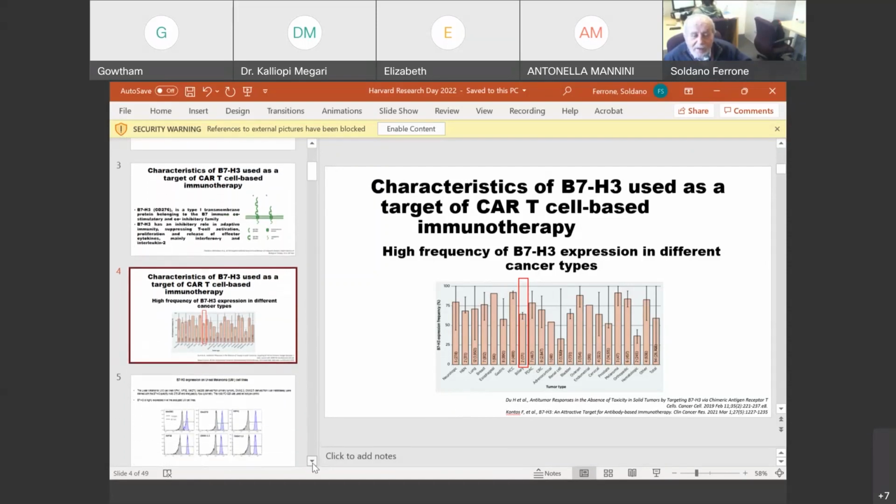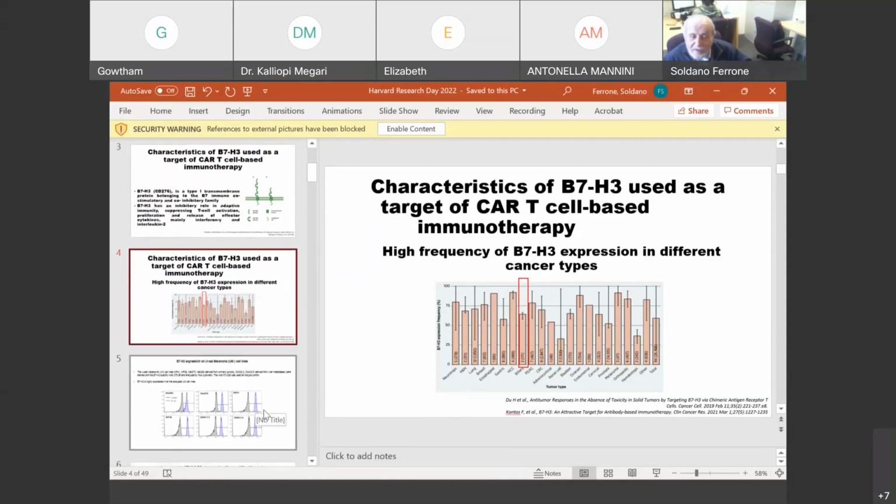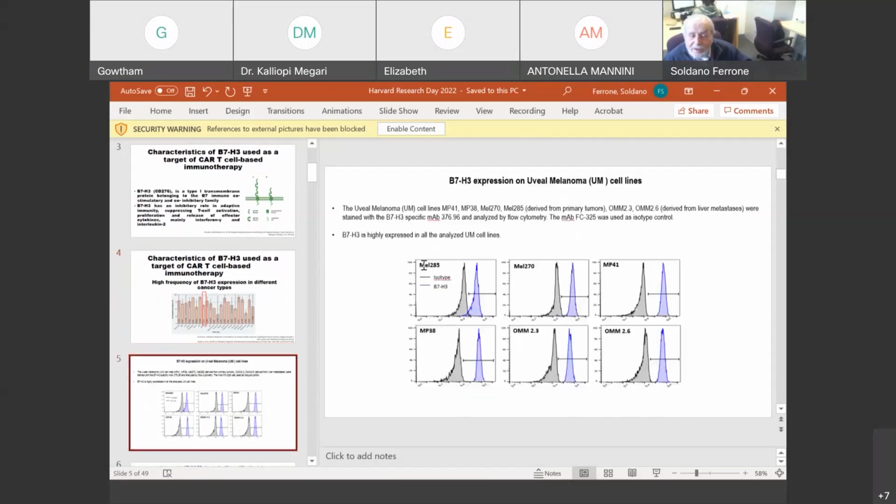Now, I suspect that the antigen is expressed practically in all types of tumors. And as an example to support my statement, I'll show now that uveal melanoma, which had not been tested before for expression of B7H3, when we finally had the opportunity to test the cell lines derived from uveal melanoma, we detected it in all the cell lines which we tested.